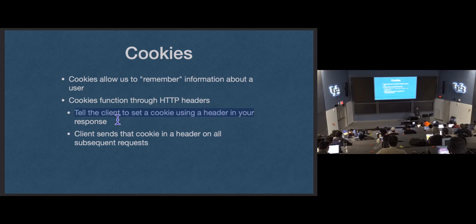The browser is going to read that header and say, oh, yeah, let me set this cookie and remember this information. And then whenever that browser is sending a request back to our server, it's going to attach that cookie to all those requests. So we're telling the client, hey, whenever you send me a message back, send me this information too, this thing that I'm sending you.